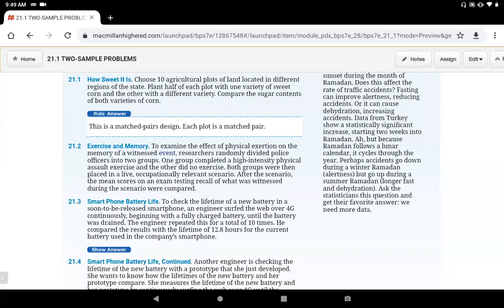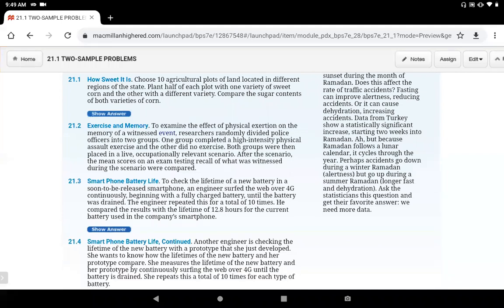Versus in numbers 2 and 4, we also had 2 different groups, and those were independent samples because we split the samples with the humans, right? We split the humans in half essentially, and one group went off and did one thing and one group went off and did the other. We didn't do 2 things to 1 human individual.